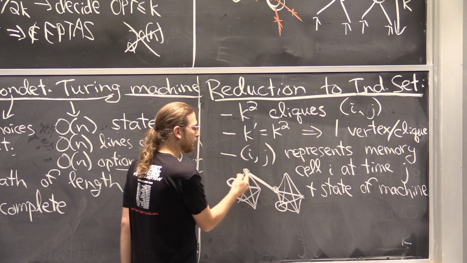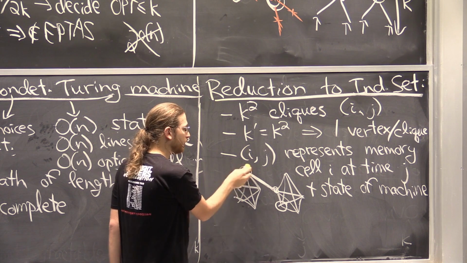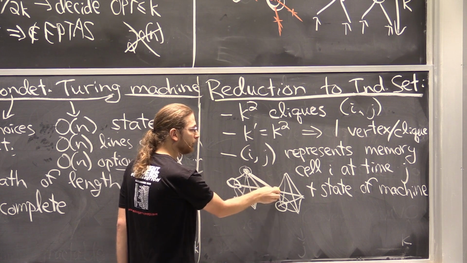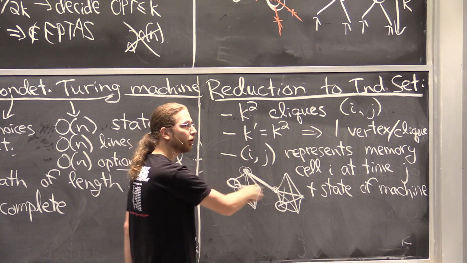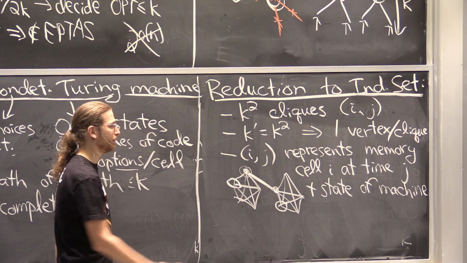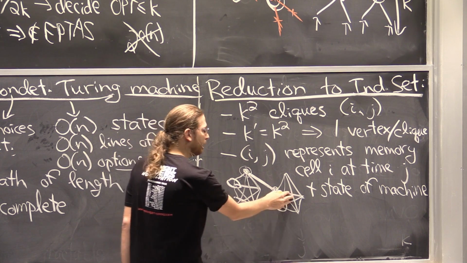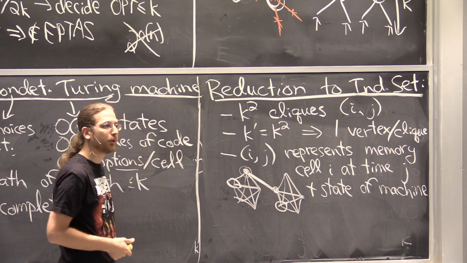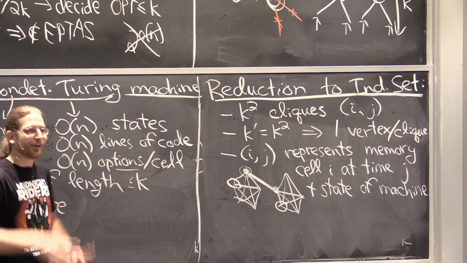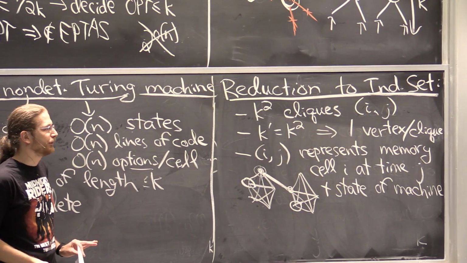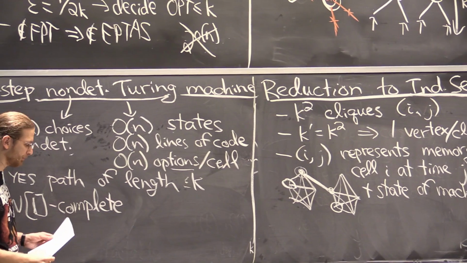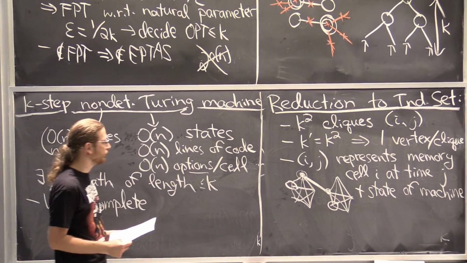These 2 states should be mutually exclusive. So if I choose this vertex in an independent set, I can't choose this vertex. So you just draw all these connections of forbidden things. If something is true at time j, then something else should not be true at time j plus 1. You draw on all those connections, and it works. I'll leave it at that because the details are messy, but it gives you some idea.